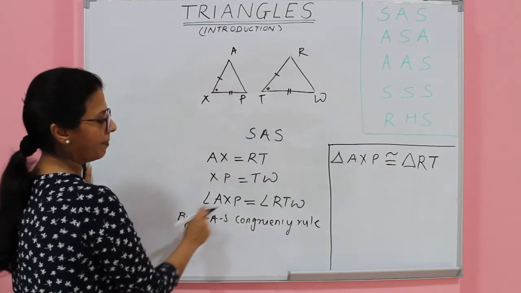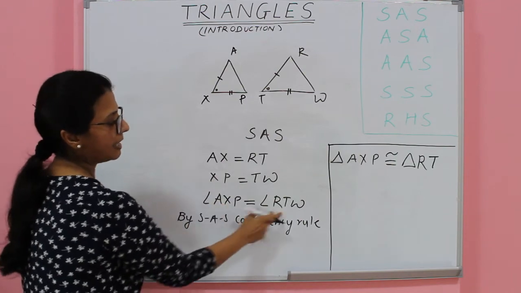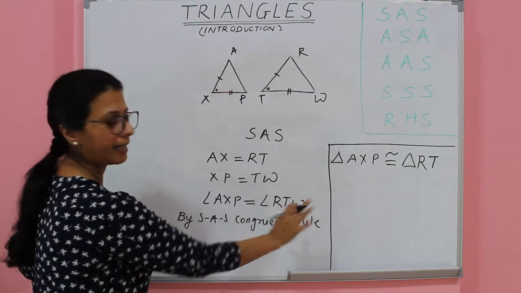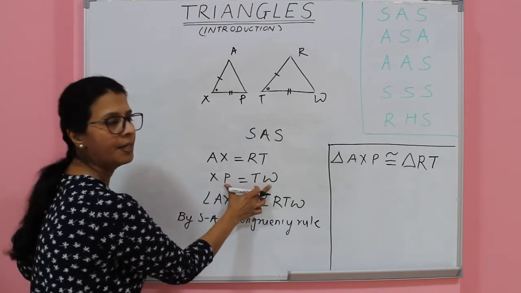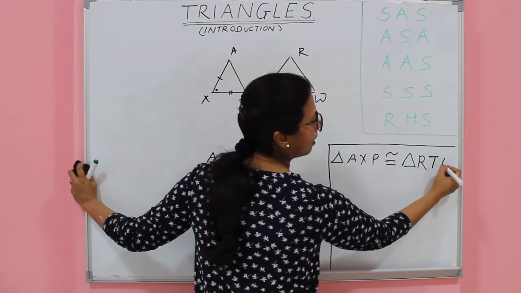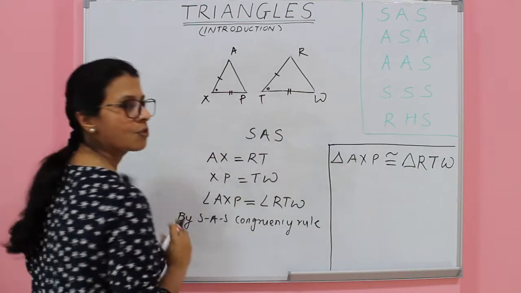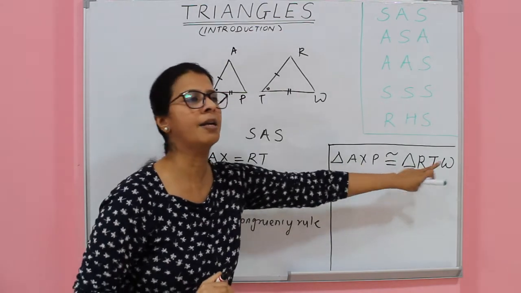Now next one is P. X and T we got from the triangle angles directly. What is the remaining one? P and W. P is the third one which we have written, so we are going to write W as the third one. So what did we write? Right? We wrote AXP is congruent to RTW.